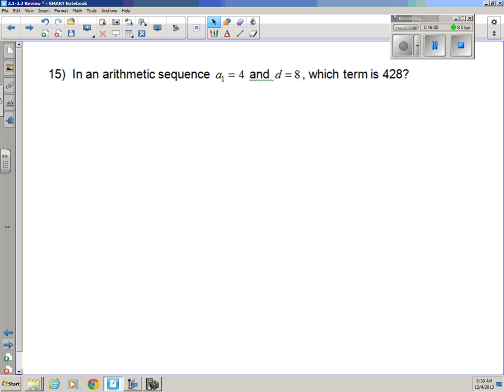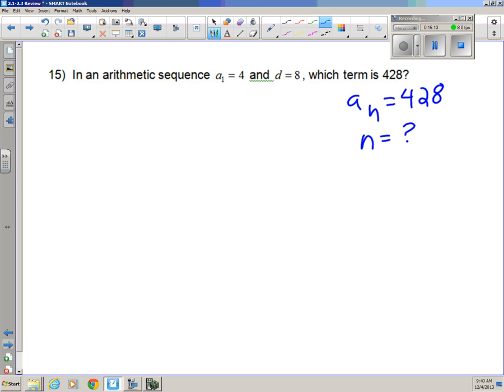Arithmetic sequence again. The first term is 4. The common difference is 8. Which term is 428? So basically, a sub n is 428. We need to know what n is. That we don't know. So I would probably set this up back into an explicit formula again and say, okay, well, a sub n equals my first term, which I know, plus how many more, which I don't know, of those common differences of 8.